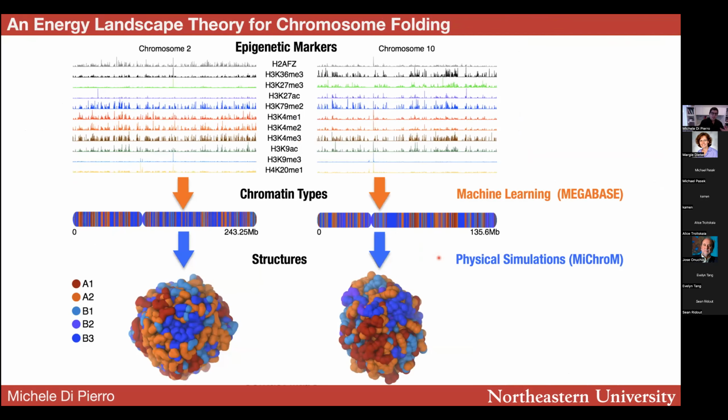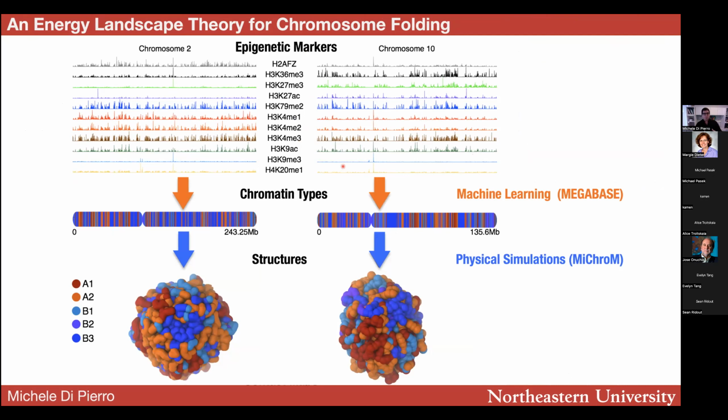So a few years ago, we started from observing this data. We set out on a journey to define an energy landscape theory for chromatin organization. The energy landscape theory that we defined through our work over the years goes in two steps.